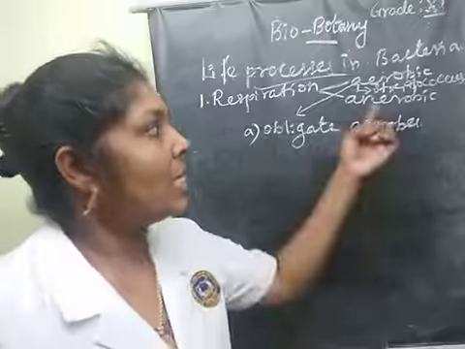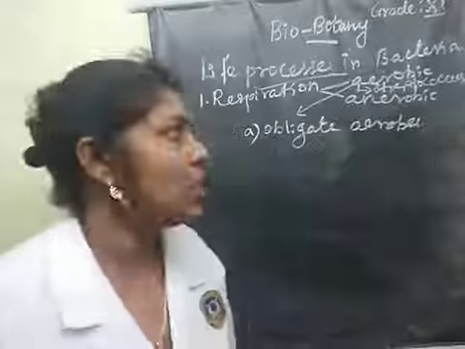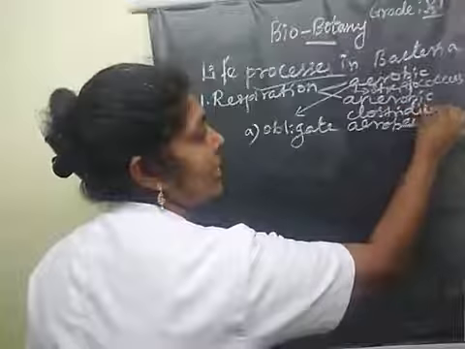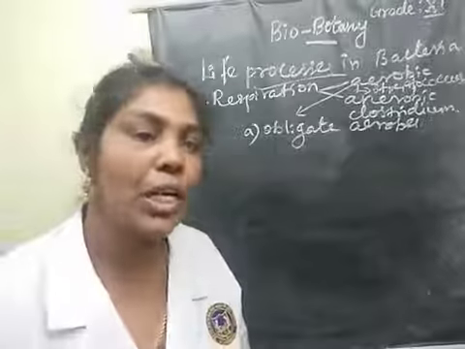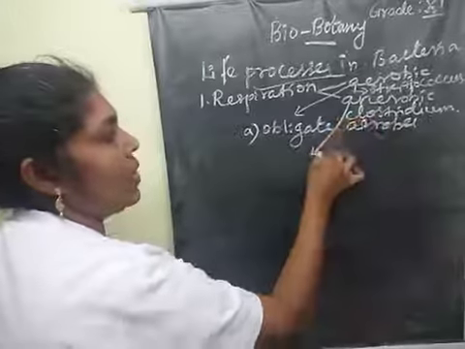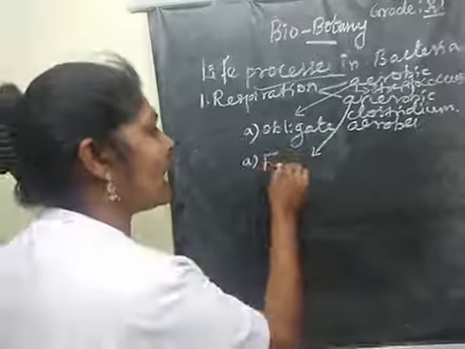So for anaerobic respiration, one of the best examples of the species is Clostridium. Clear, children?